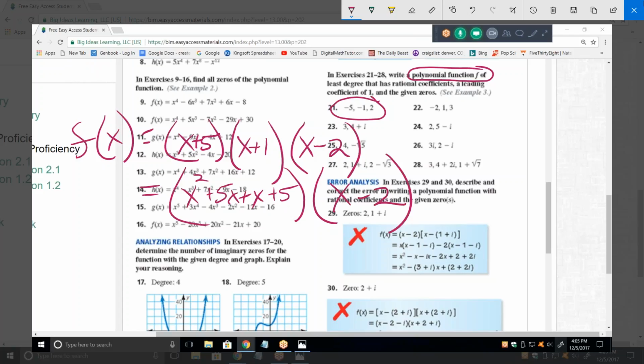Simplify that. So x squared plus 6x plus 5.